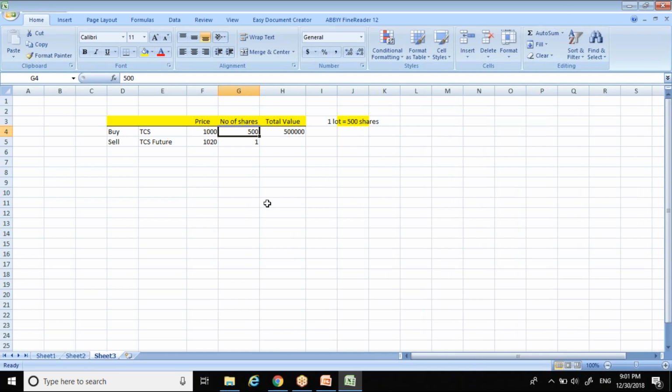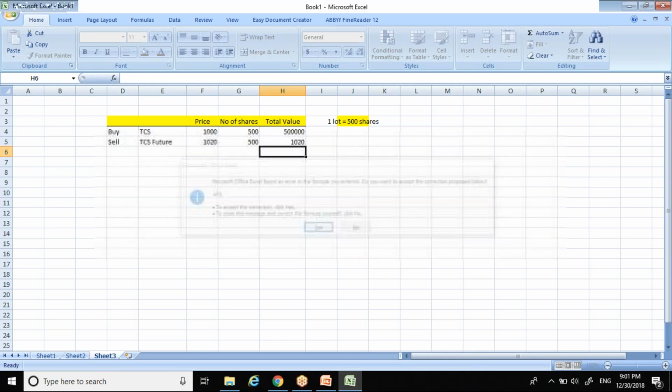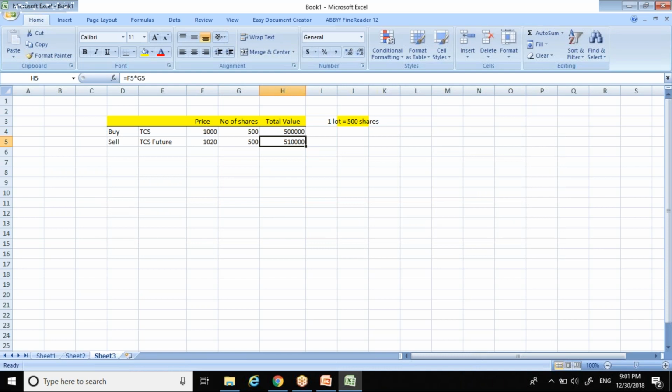So you trade futures in lots, contract sizes. So the total value here will be around 51,000. Now what happens is the price of shares goes up or down. Here the difference is 20 per share, so around 10,000 in total.